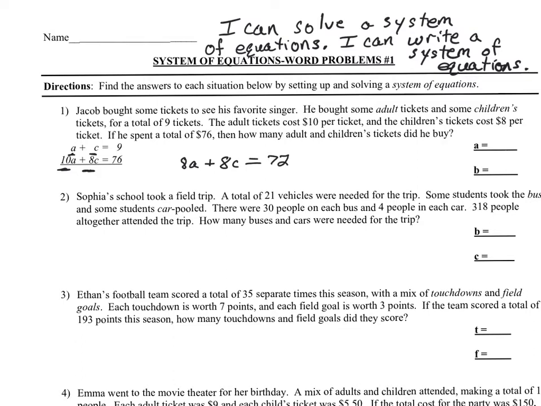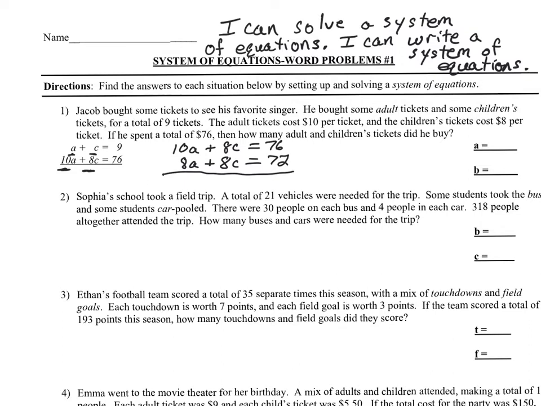Okay? Now, because the 10A is larger than the 8A, I write that above. And the 76 is also larger than the 72. I only do that because then I don't end up with negative values involved. Now, the trick here is we want to get rid of the C terms.